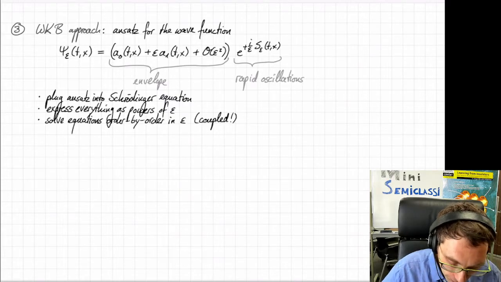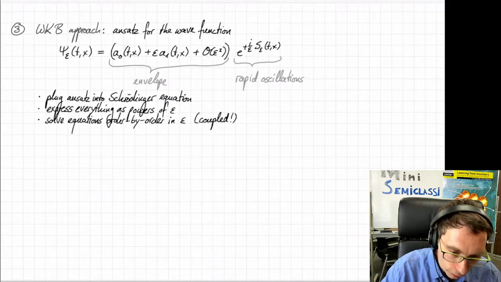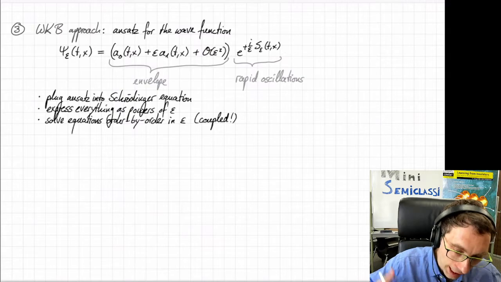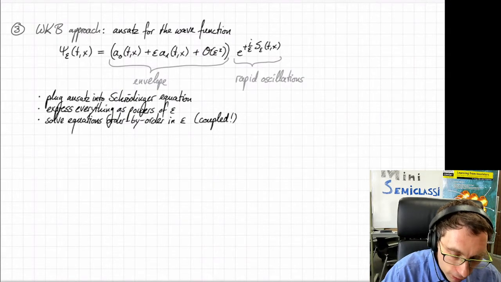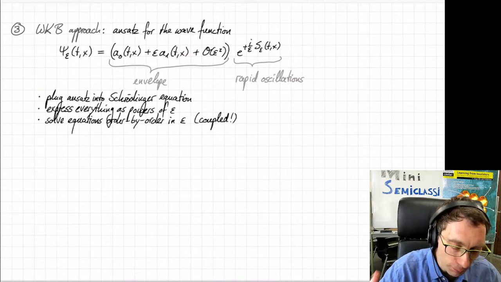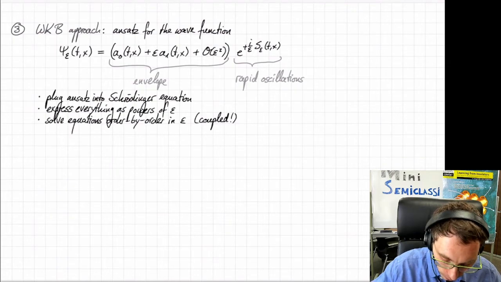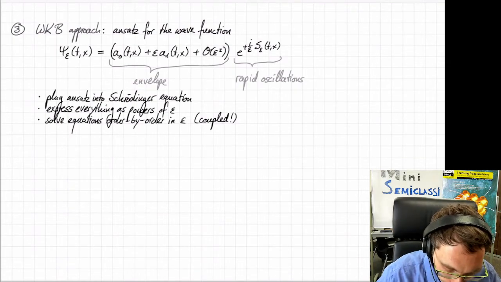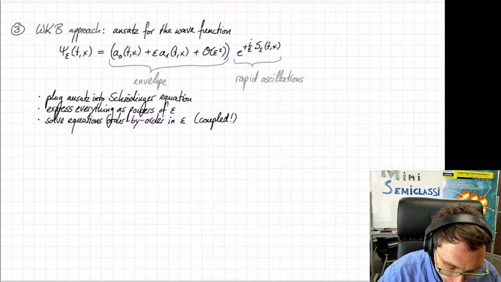The point is that in order to solve order n plus 1, you need to have solved all the equations to the order n, because the coefficients up to nth order will play a role in the equations for order n plus 1.